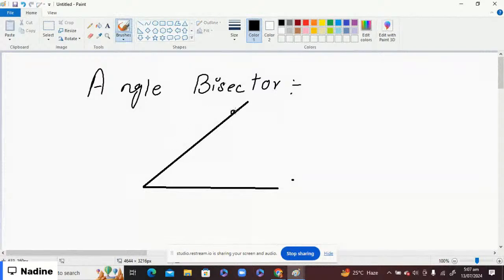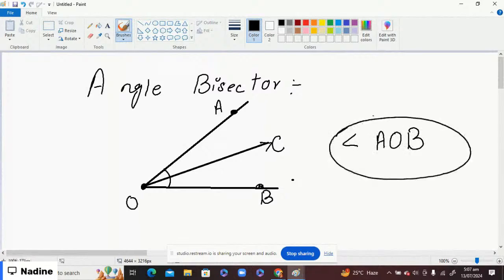Here is the point A, here is the point B, and here is the point O, and here it makes an angle. So when you bisect this angle, the line through O and C bisects the angle AOB. This is the meaning of bisect.